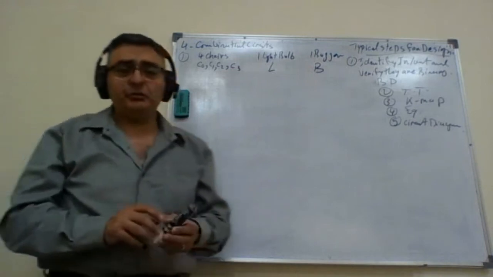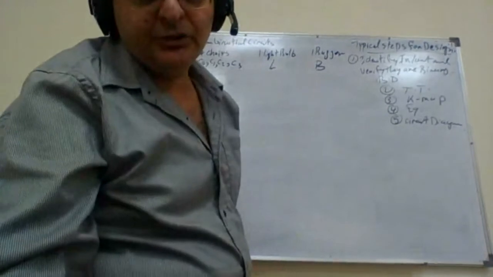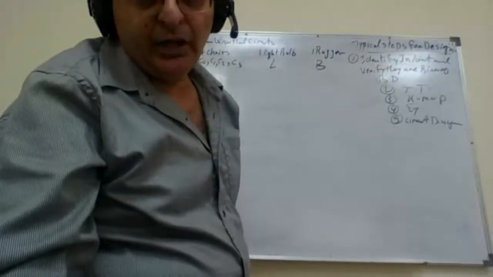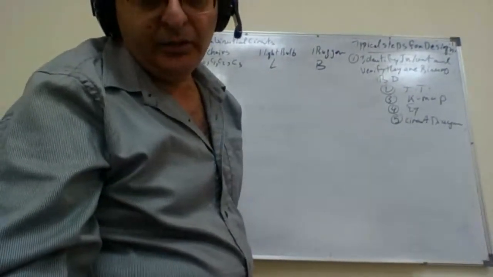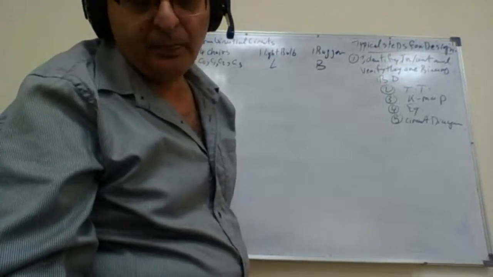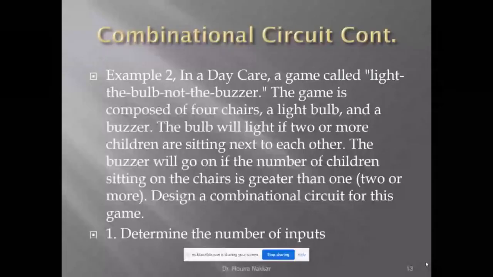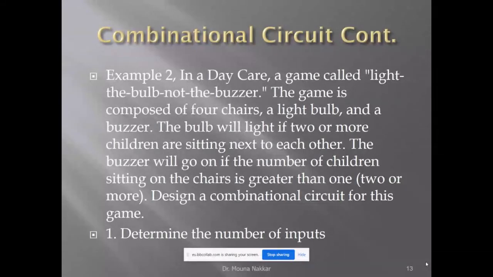From the description of the problem, if we go back to it, let's see how he built the relationship between the parameters. The light bulb will light on if 2 or more children are sitting next to each other.